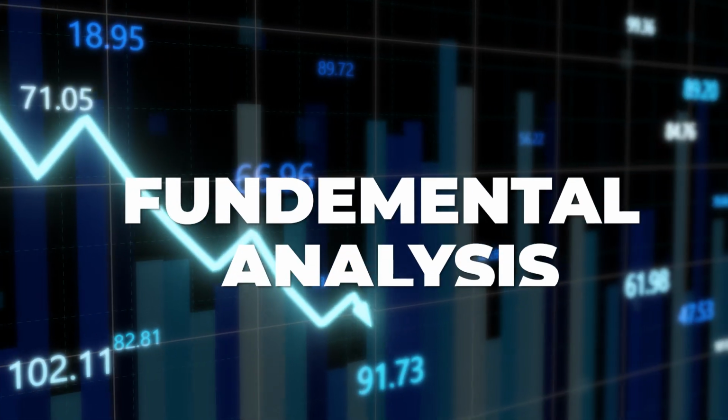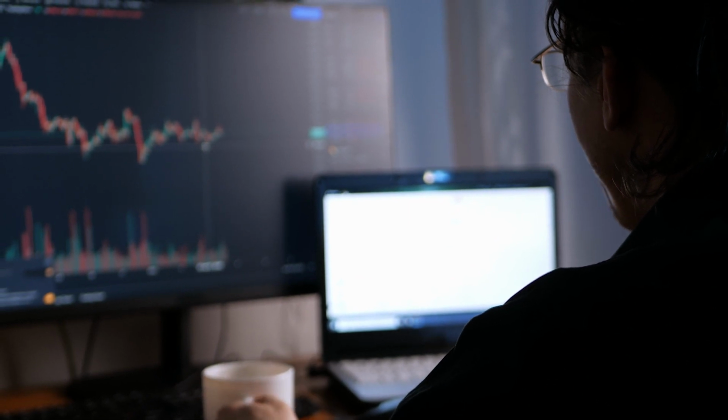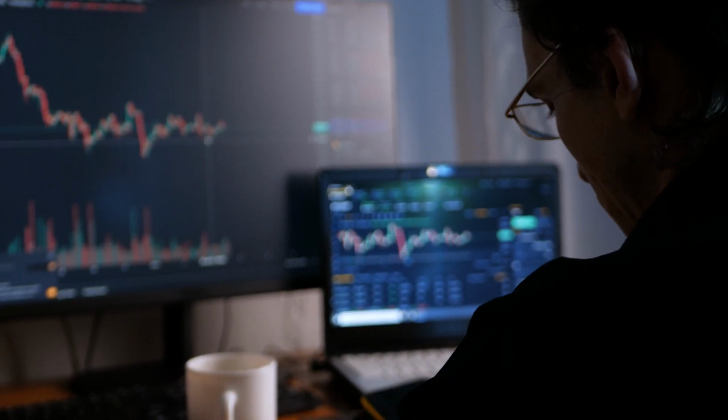However, it's important to note that while strong trends can lead to significant profits, they can also pose some significant risks. Fundamental analysis is an important part of commodity trading. This type of analysis involves looking at the underlying economical factors that drive the price of a given commodity. For example, if you're trading gold, you'll want to look at interest rates and geopolitical events, which can often drive a higher demand for gold.